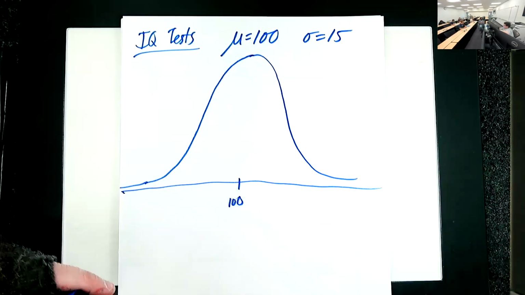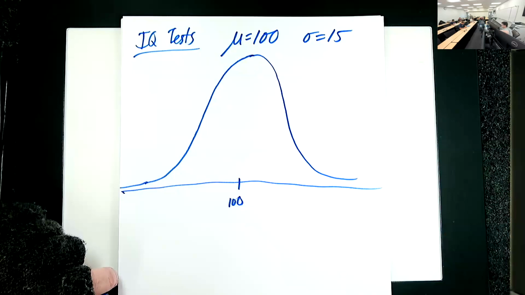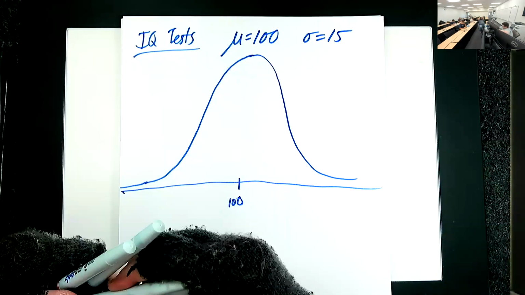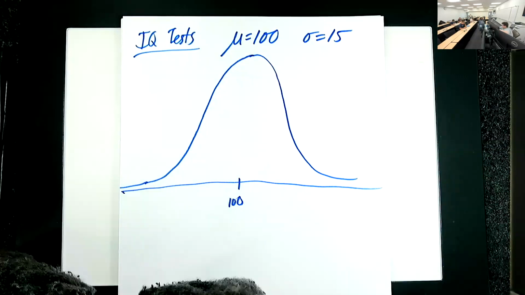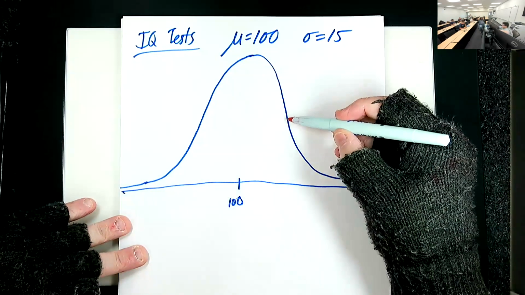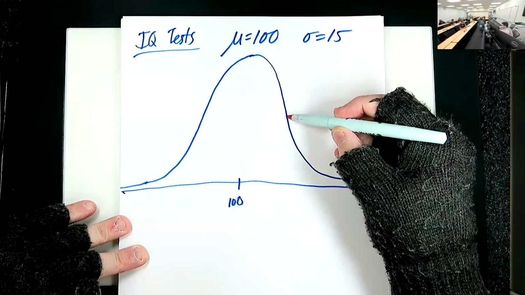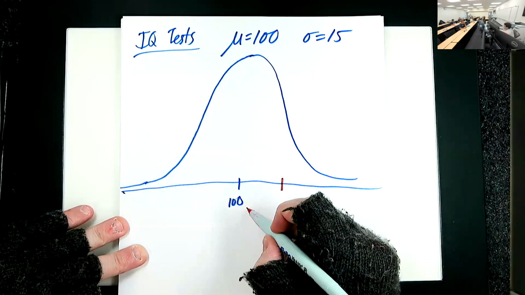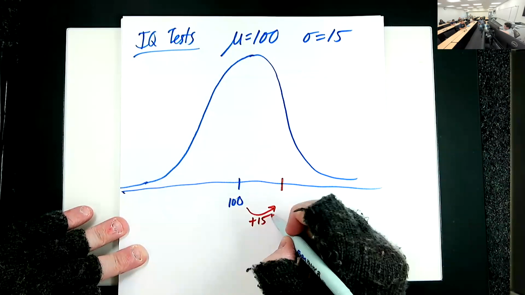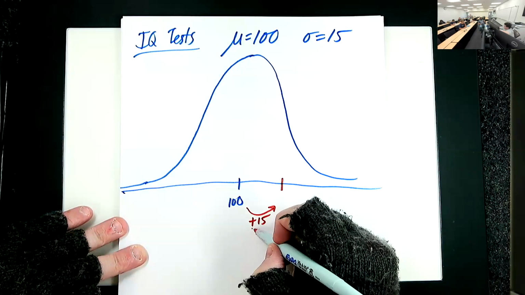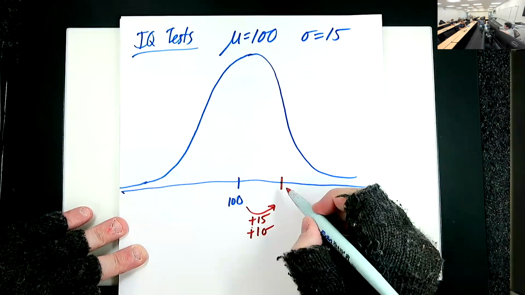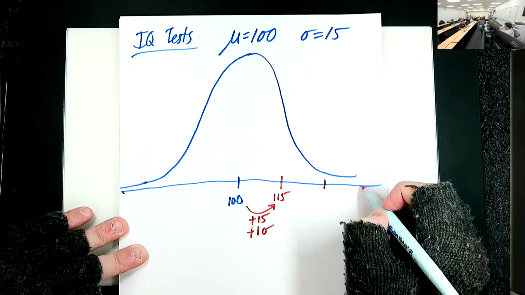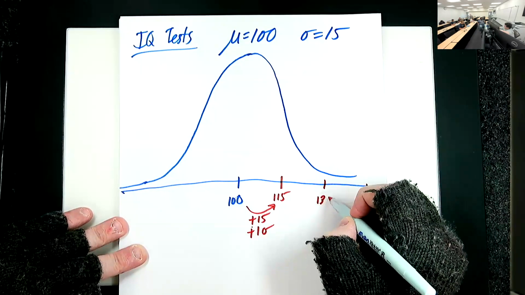That means my mean goes in the middle. If you go about halfway up the hill, that's like 1 deviation. So we have plus 15, or 1 deviation, to get to this one. And we keep going in increments like that, 130, 145.